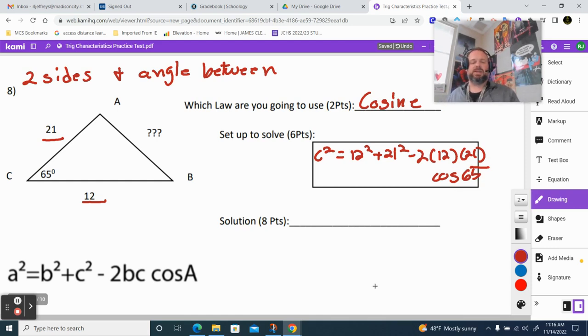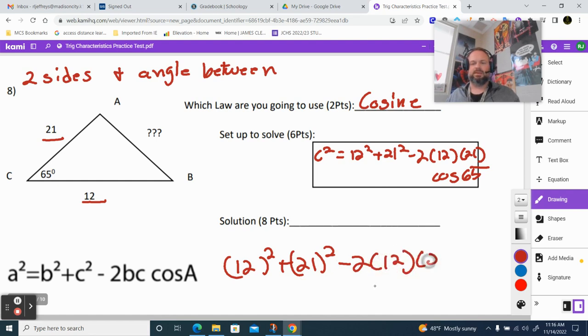Now, you can actually put all this in the calculator like I have it written right here. I'm going to rewrite it down here because it's easier to read. You can put that all in at once.